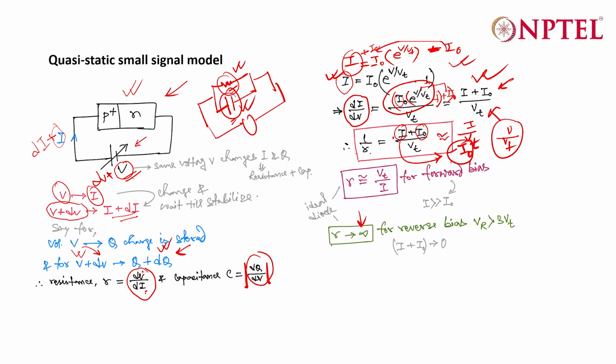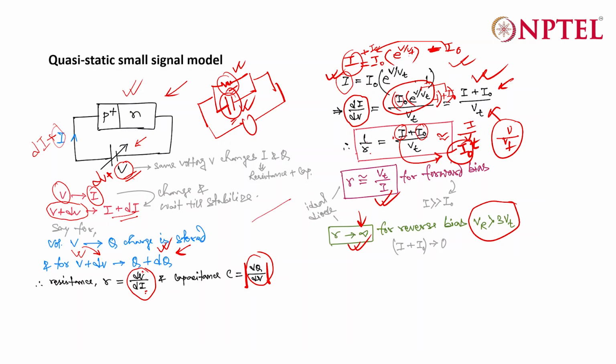If we consider the reverse bias voltage to be greater than 3 Vt, your R will tend to infinity, which is the case for an ideal diode, both of these. However, in practice, you know that with applied voltage, your reverse bias current also changes. There is a slope. We already have discussed that.